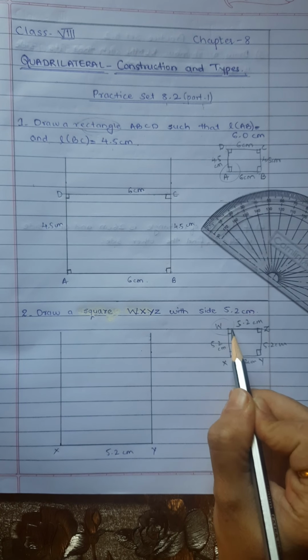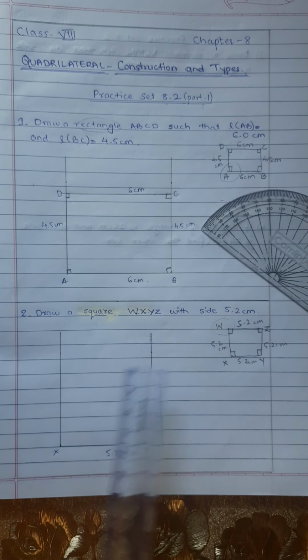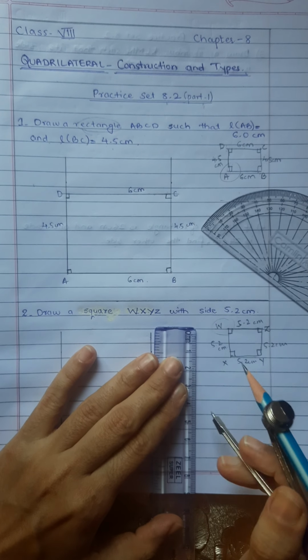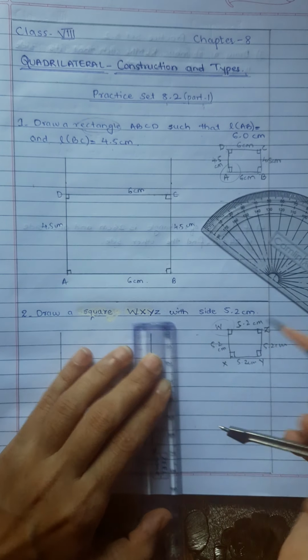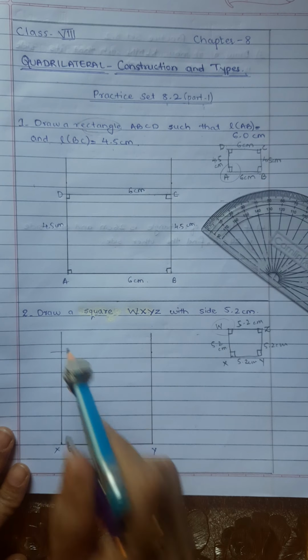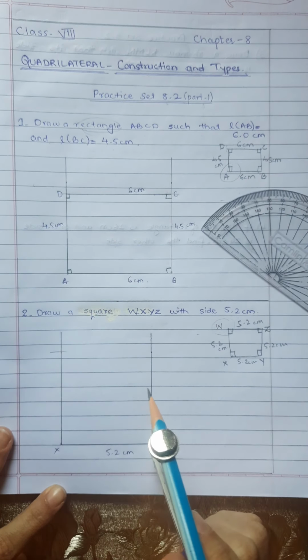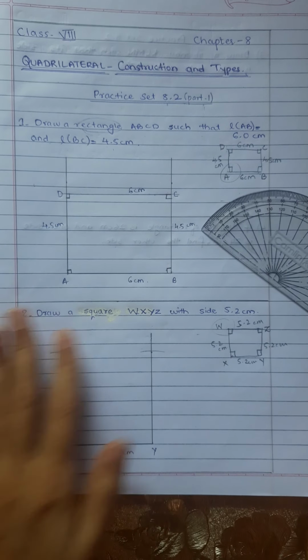Now to get this W vertex, we need 5.2 centimeters in the compass. So using the scale, take 5.2 in the compass, keeping on vertex X. Make an arc here. Same 5.2, keeping on vertex Y, make an arc on this line.